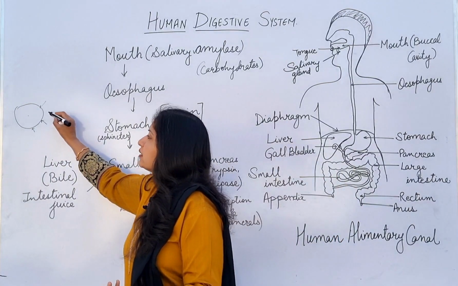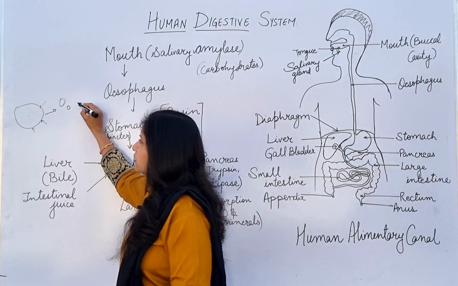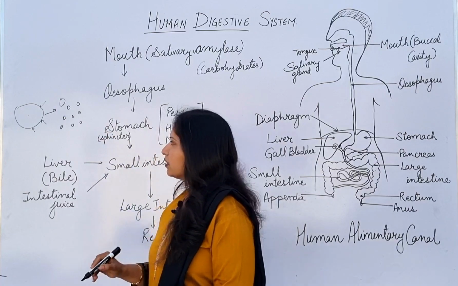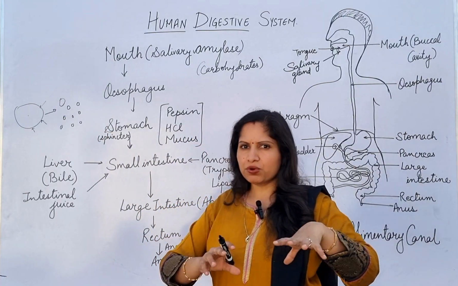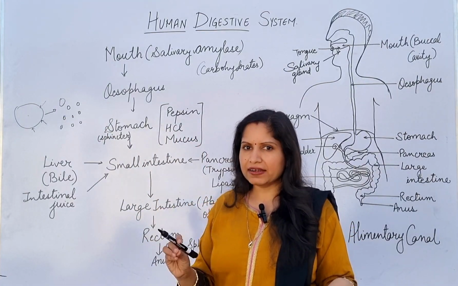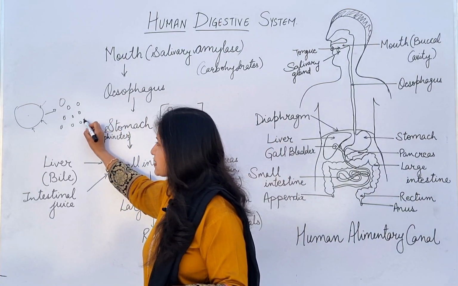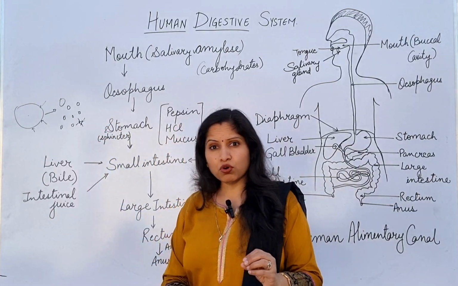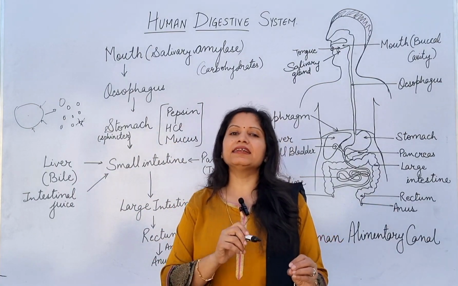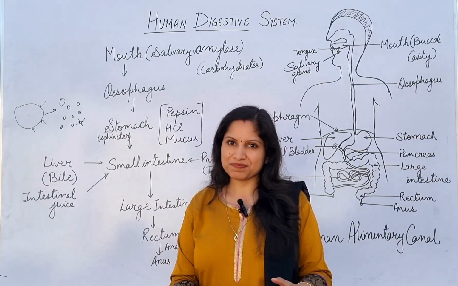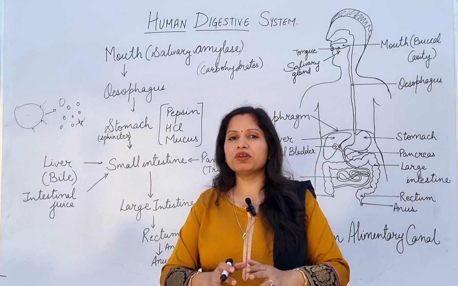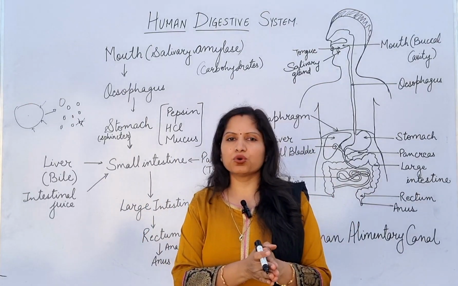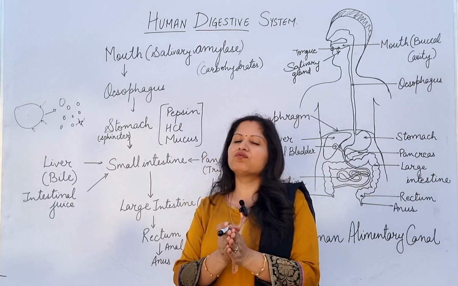Emulsification of fats means these big fat molecules are broken down into smaller fat globules, and now the enzymes can act on the surface of these fat molecules and completely digest them. This process of breaking large fat molecules into simpler ones is known as emulsification of fats.